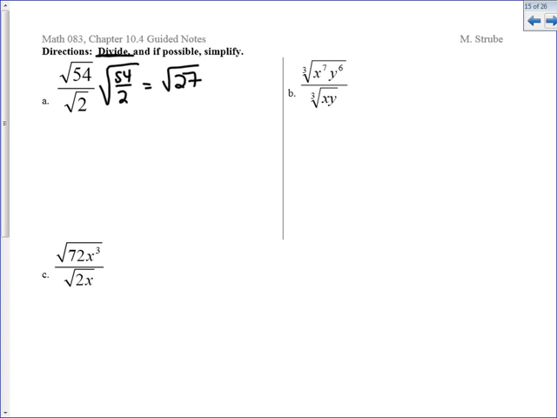So that's the divide step. The simplify step is what we've been doing, where you then split it up. So I'm going to end up with a 3 square root of 3. So divide, just divide the radicands and then simplify the answer.